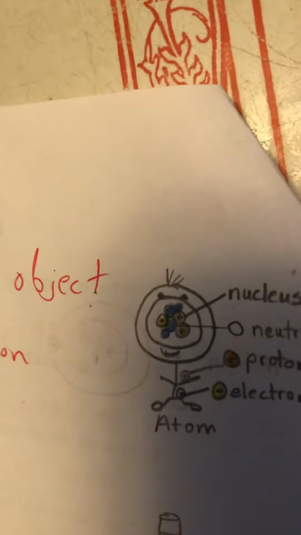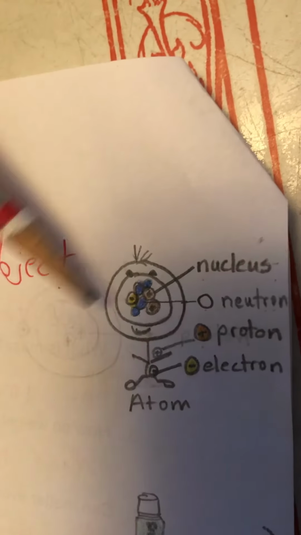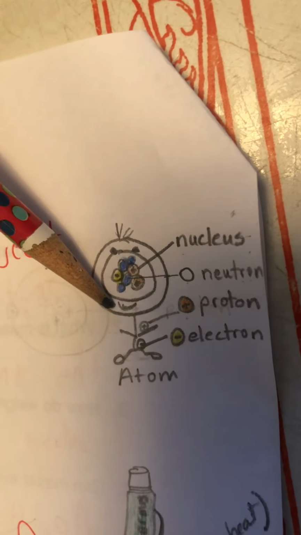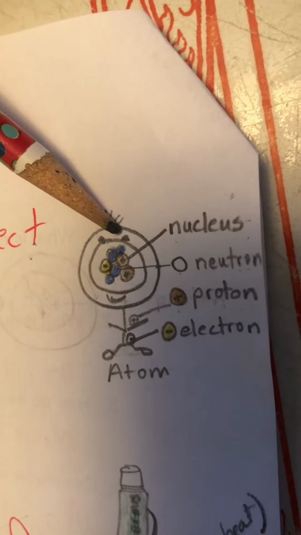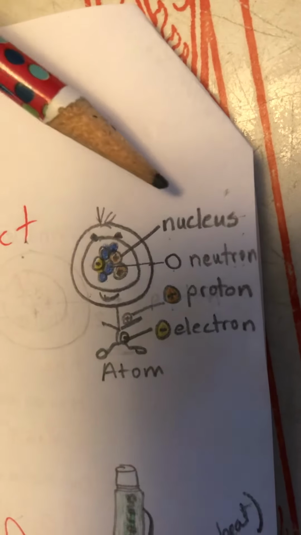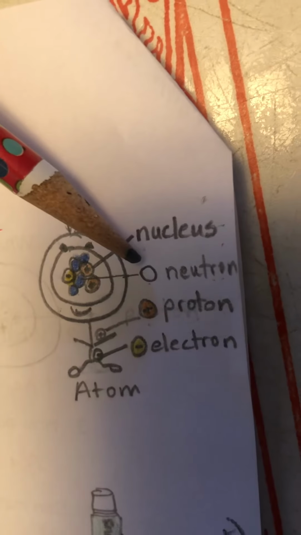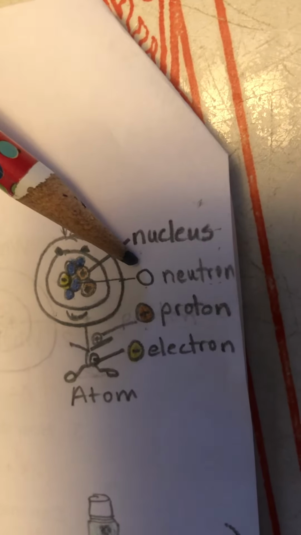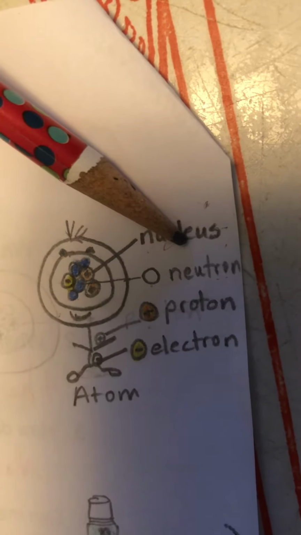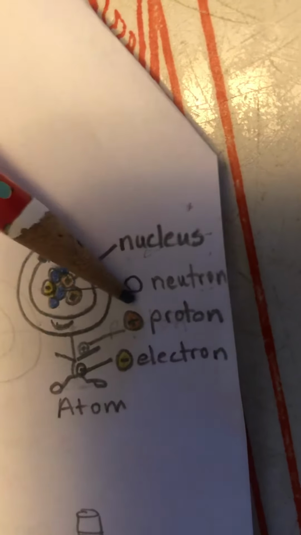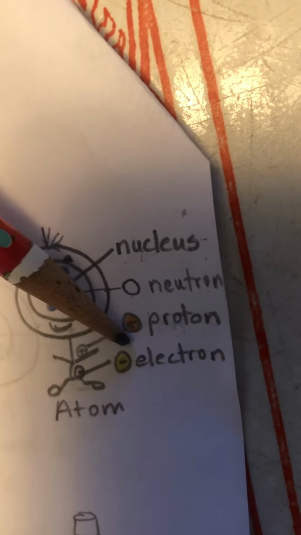What is an atom? I'm going to show you on my picture here of my friend. His name is Adam. See his little head and his eyes and his happy face. An atom is made up of the nucleus, and then he's got the neutron, the proton, and the electron.